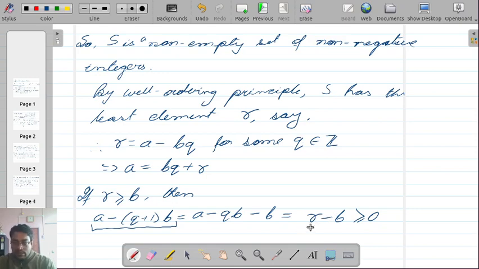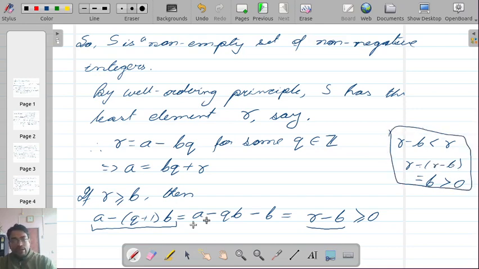This integer is exactly equal to R minus B, and whether it is less than R or greater than R. R is a non-negative integer, and B is a positive integer. So R minus B is always less than R, because if you take the difference R minus (R minus B), R cancels, so this difference is B which is greater than 0. So R is greater than R minus B.